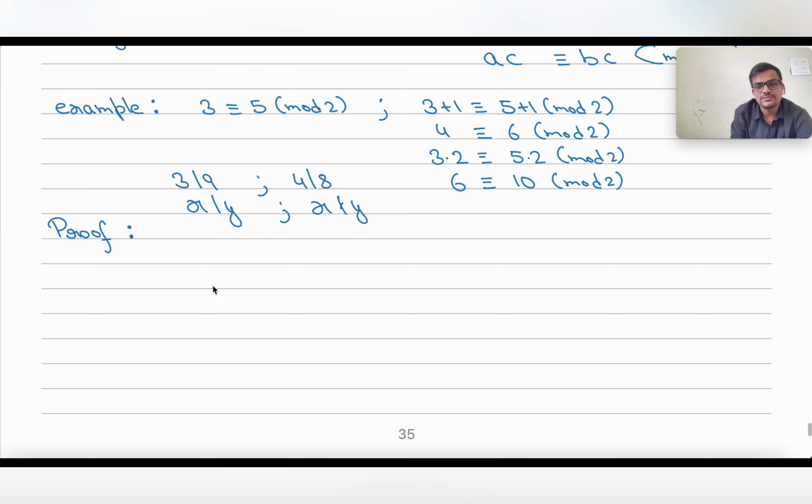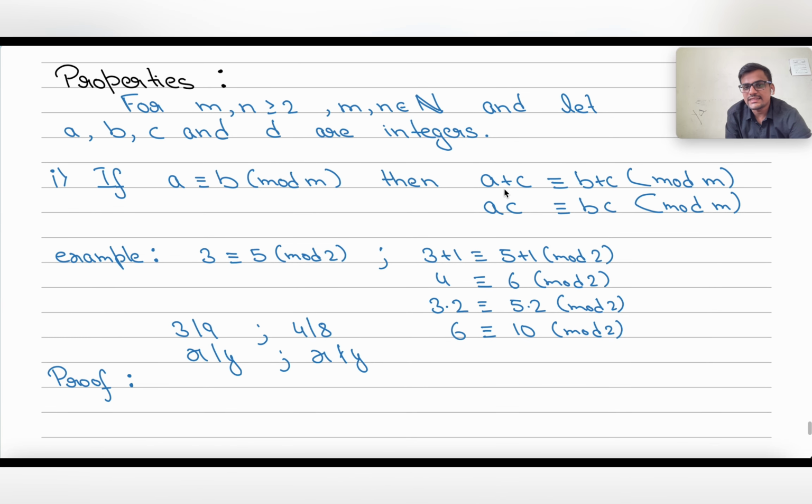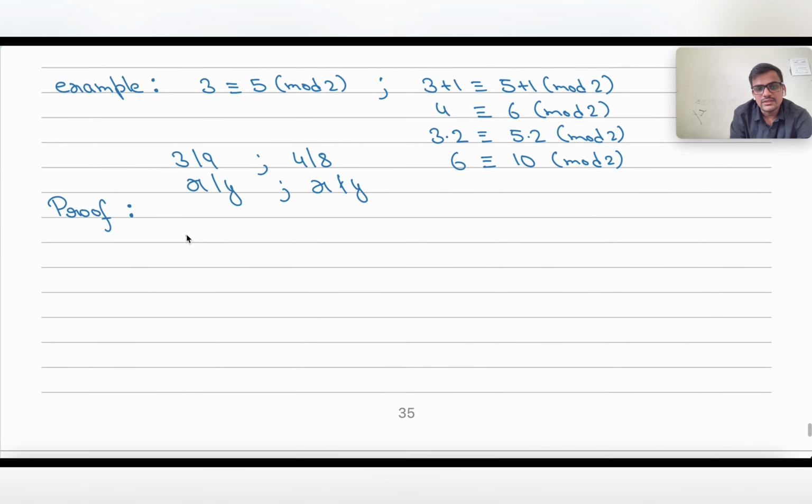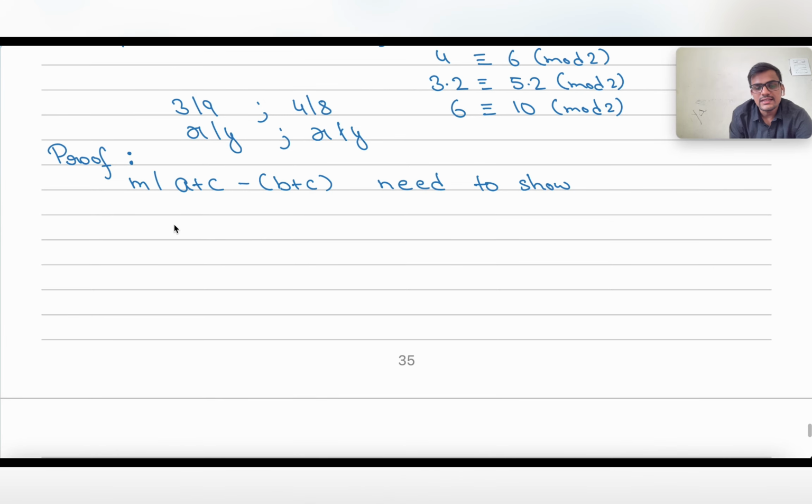Now see the proof. To prove the first one, that is A plus C is congruent to B plus C modulo M, what we need to show is that (A plus C) minus (B plus C) is divisible by M. This we need to show, right? Then our result will be proved. Now see, we know that A is congruent to B modulo M, right?